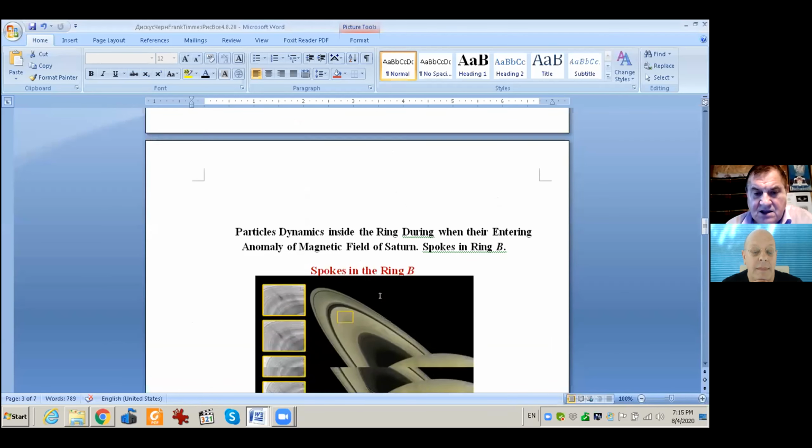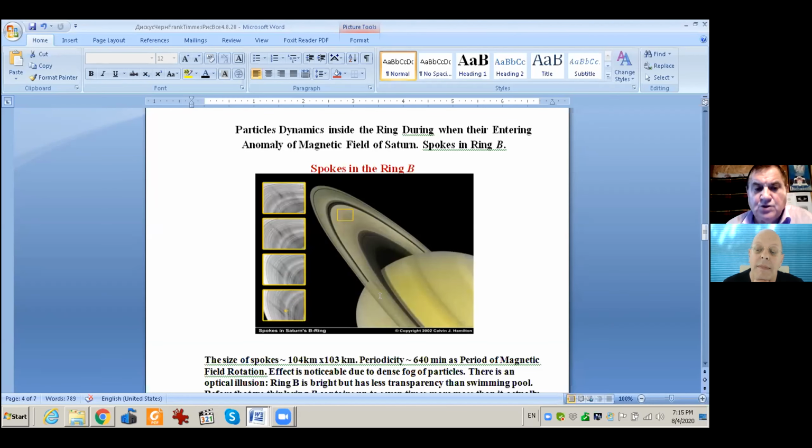Now let's share the screen again, and we can go to this picture. It's a well-known phenomenon called spokes in ring B. I didn't write three-dimensional dynamics here, but I wrote particle dynamics inside the ring.